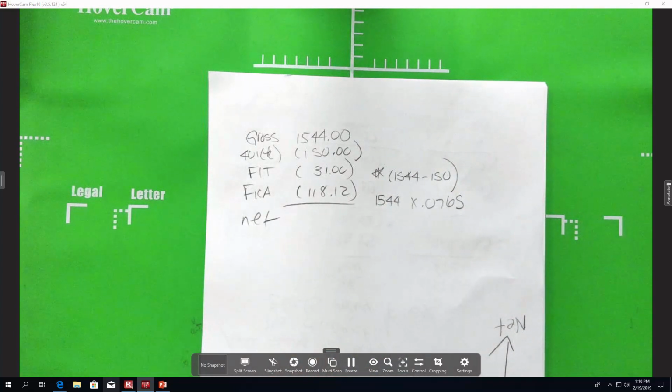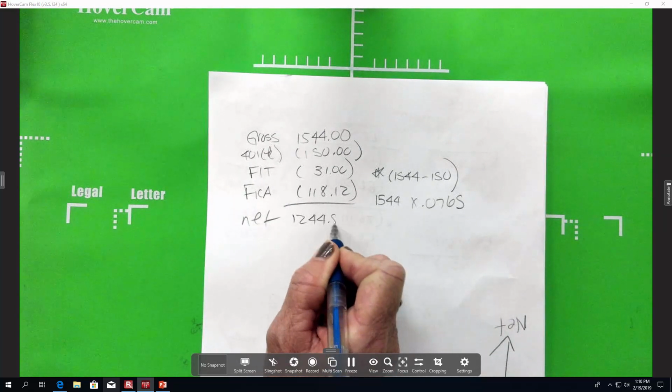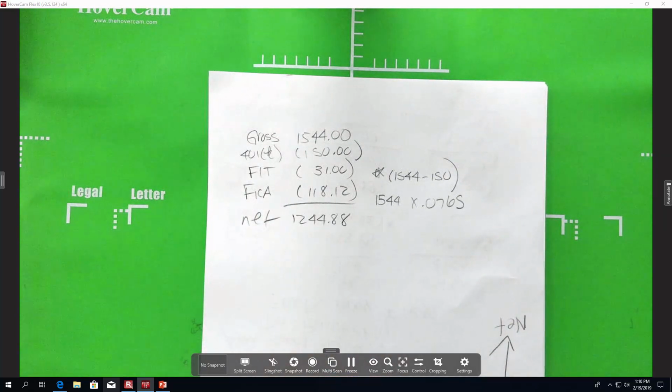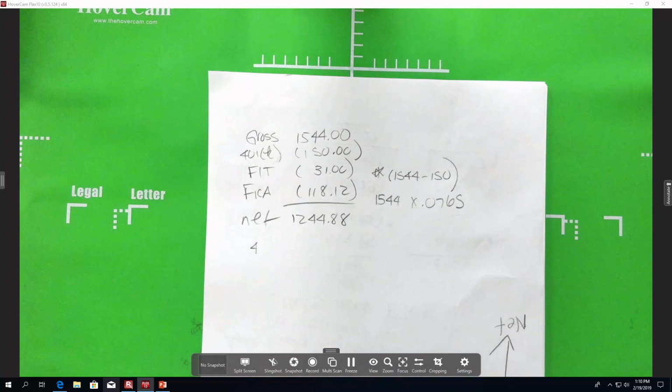So the net check then is the 1544. Don't forget to actually subtract the contribution to the 401k, right? That came out of her paycheck. $31 for FIT and $118.12. So her net check is $1244.88. So what was her tax? 45 without the 401k, right? So if I asked you, how much did the government just contribute to her 401k?